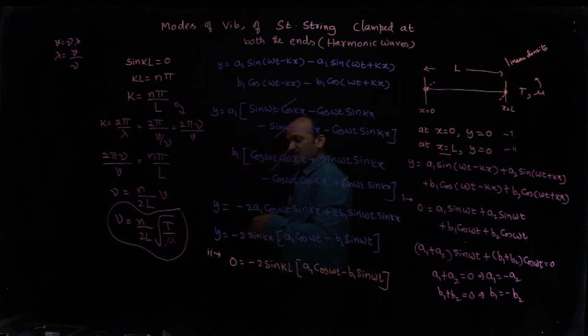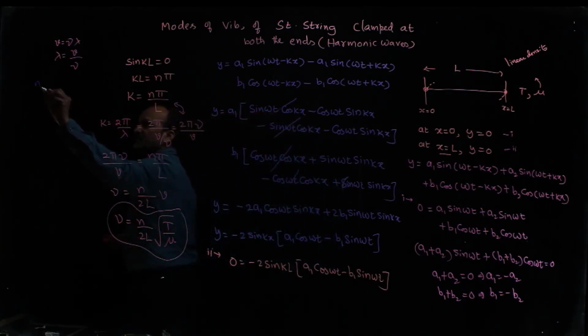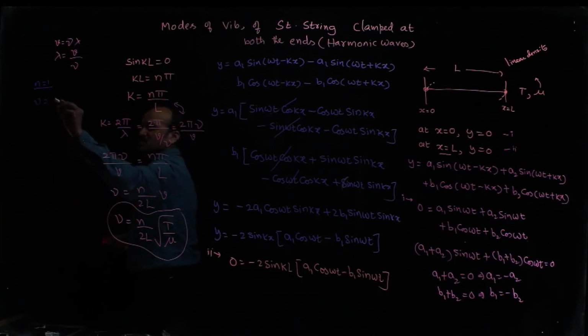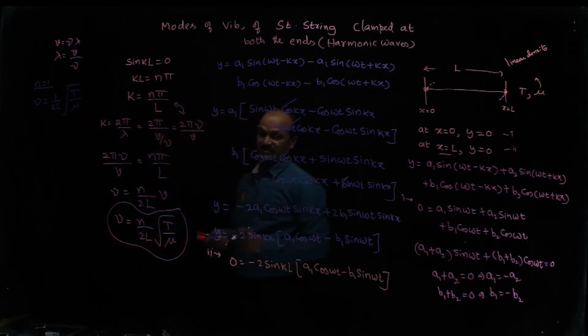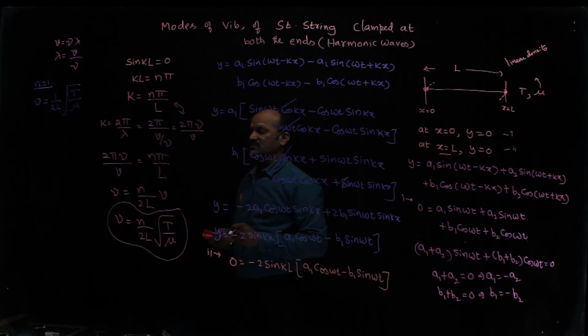Here if n is equal to 1, that is the first mode, then we get nu 1 equal to 1 by 2L root T by mu. This is called the fundamental frequency, first mode or fundamental frequency. We are discussing modes of vibration along a stretched string.